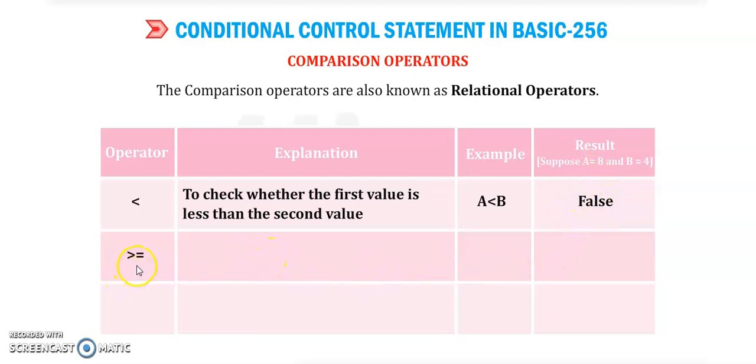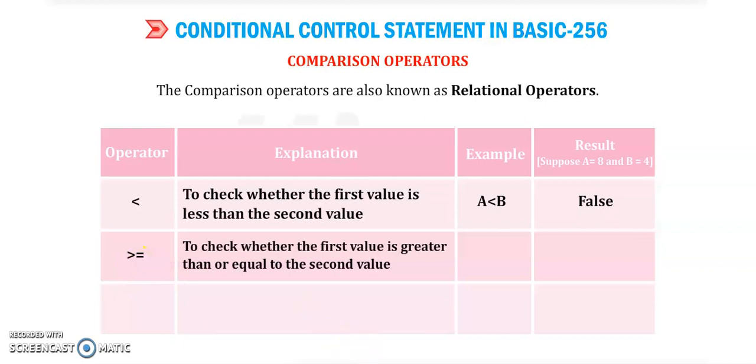Now the next operator is greater than or equal to. It checks whether the first value is greater than or equal to the second value. The greater than operator only checks for the greater value, but greater than or equal checks when the value is not greater but can be equal. If either condition is true, the result will be true.